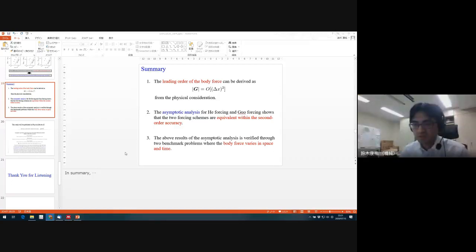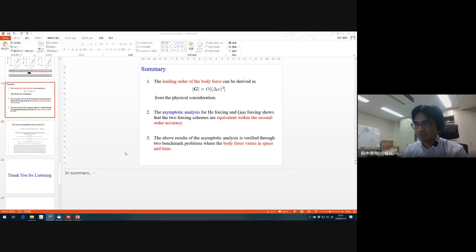Yeah, as you said, in the multi-phase flow, the He forcing and the Gore forcing have some measurable difference. But this does not mean which is better, He forcing or the Gore forcing, in the multi-phase flow, because in the multi-phase flow, the body force has a very small support, and the derivatives of G are very large.